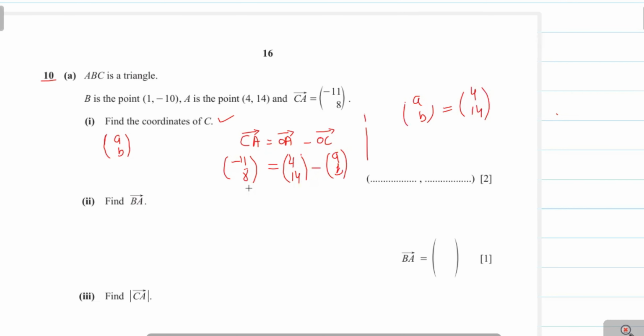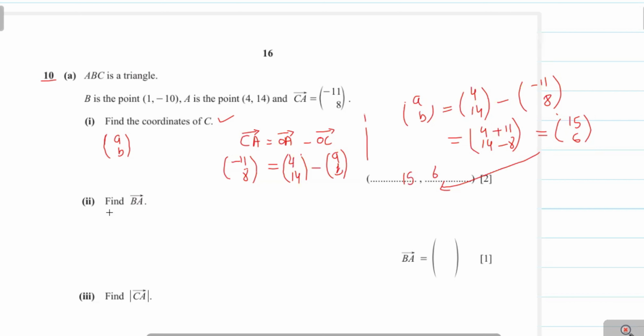Shift the (-11, 8) from left to right side, it becomes minus (-11, 8), and this will be equal to 4 minus minus 11, it becomes plus 11, 14 minus 8, this will be equal to (15, 6), and this is the coordinate of C, (15, 6).